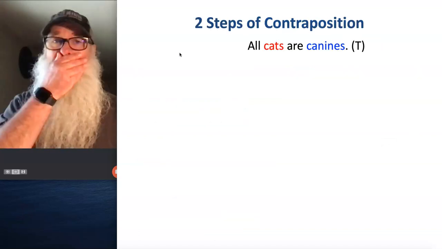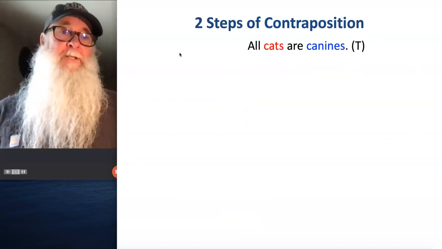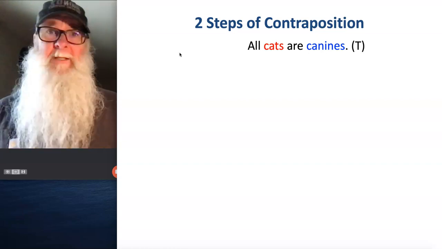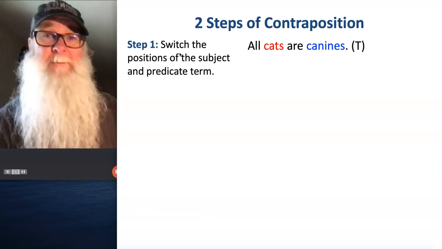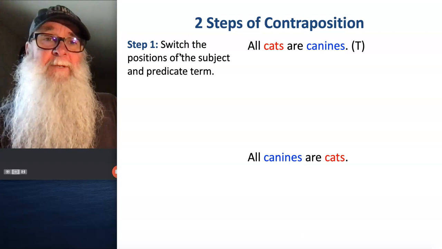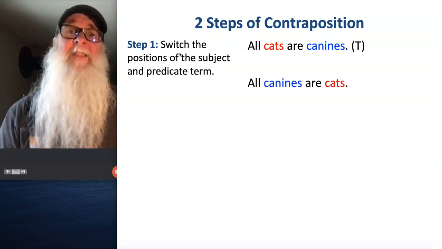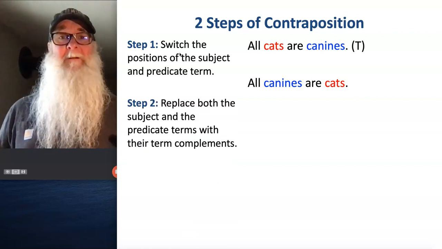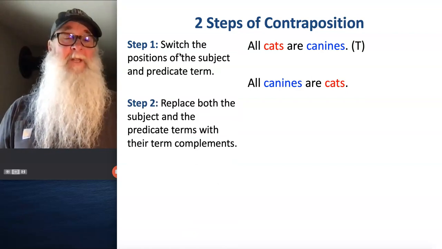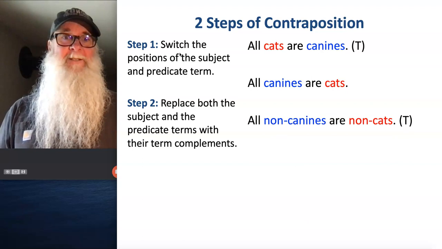All right, so let's see how this works. Let's say we have a statement like this, all cats are canines, and we're told that statement is true. We apply the first step of contraposition to that statement, and we just switch the position of the subject and predicate terms. How easy is that? Now we're ready to apply step number two. We want to replace both of those terms with their term complements. So we just toss in a couple of nons.